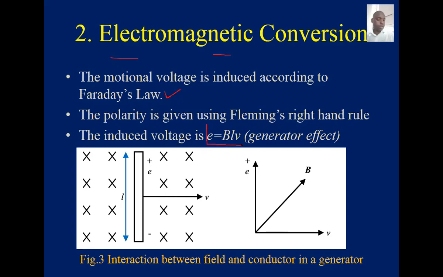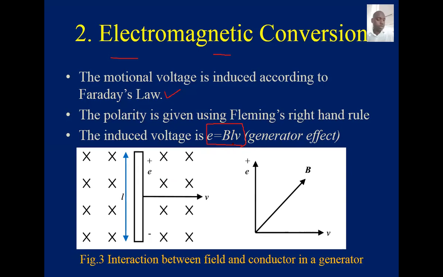And the magnitude of the induced EMF in the generator will be equal to BLV, where B is the flux density of the magnetic field, L is the length of the conductor in the field, and V is the speed at which the conductor is moving in our magnetic field.